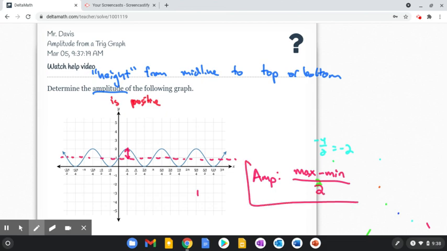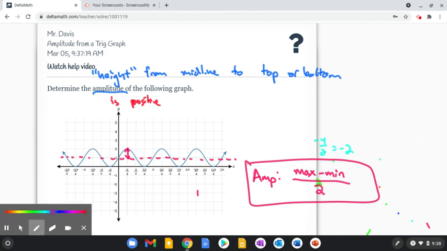Amplitude is your max minus your min over 2. I don't expect you'll really need to use this formula because, again, it's pretty easy to just see the amplitude on most of these. But your max value there would be 2. Your minimum value is 0 over 2. 2 over 2 equals 1. So same value we got either way.